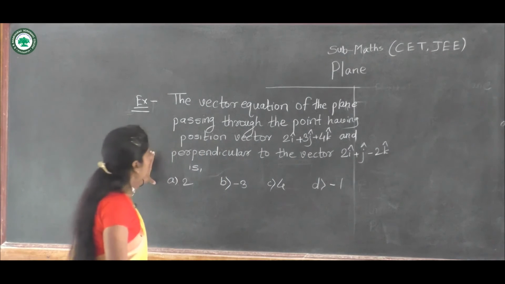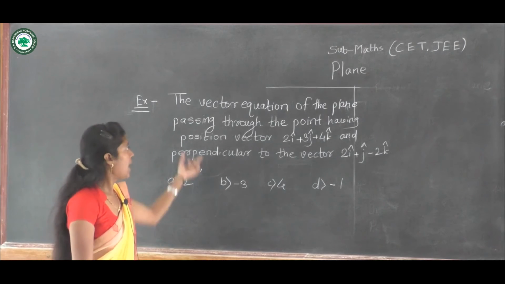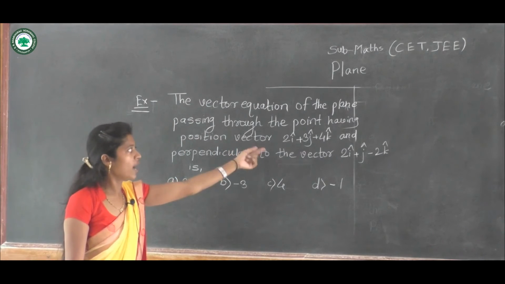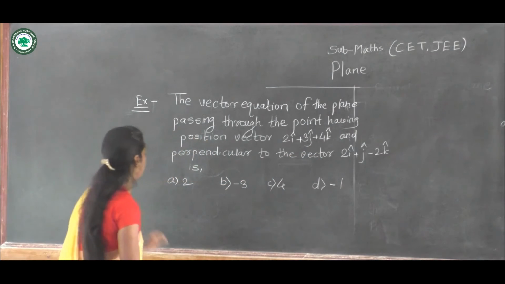Here the example: the vector equation of the plane passing through the point having position vector 2i cap plus 3j cap plus 4k cap.